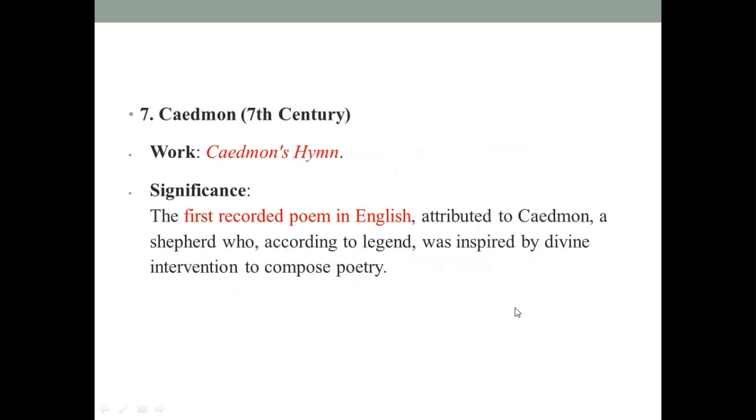Understand? The next writer is Caedmon. Caedmon's work is Caedmon's Hymn. This Caedmon's Hymn is the first recorded poem in English, attributed to Caedmon. He was a shepherd who, according to legend, was inspired by divine intervention to compose poetry.